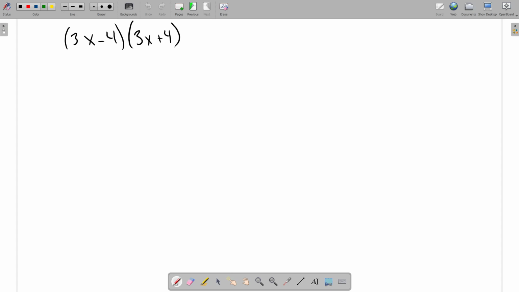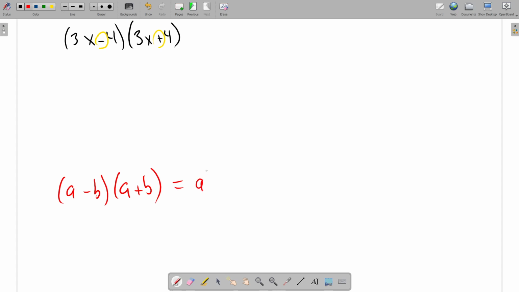There is one special case, though, that is very powerful. It's when we have two binomials being multiplied and they look exactly the same. I have a 3x and a 4, a 3x and a 4, but there's a key difference: one is minus, one is plus. So if I have a minus b times a plus b, and I multiply these two out, I FOIL them, I use the box, I use stacking, whichever method you prefer, you're going to end up with an interesting answer.